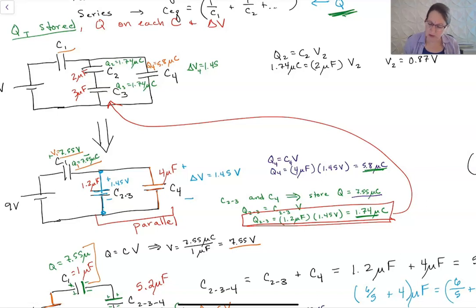If we do the same thing for 3, Q3 equals C3 V3. We still have 1.74 microcoulombs. This time we have 3 microfarads because that was the capacitance of the third capacitor. That gives us a V3. It's going to be a smaller number, right? And it's going to be 0.58 volts.